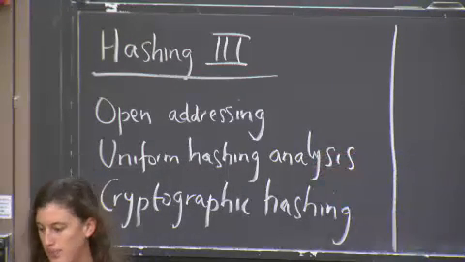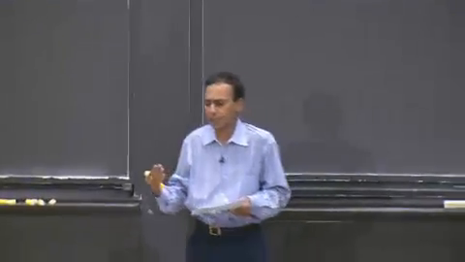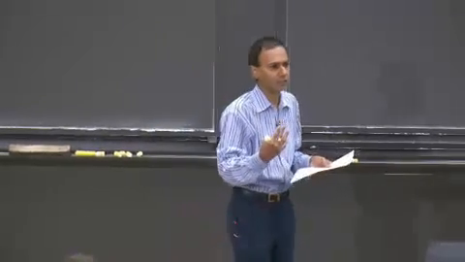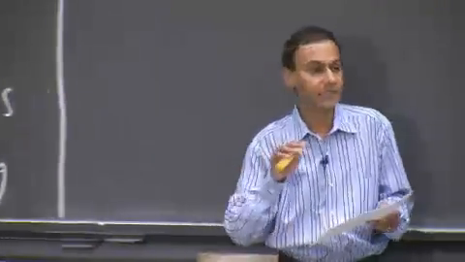Now, in order to get open addressing to work, there's no free lunch, right? So you have a simple implementation. It turns out that in order to make open addressing efficient, you have to be a little more careful than if you were using hash tables with chaining. And we're going to have to make an assumption about uniform hashing. I'll say a little bit more about that, but it's a different assumption from simple uniform hashing that Eric talked about.